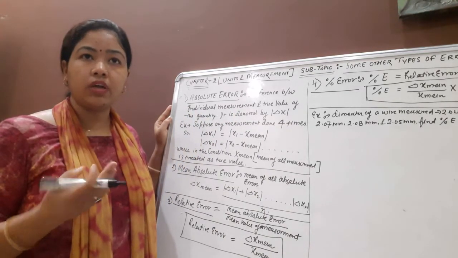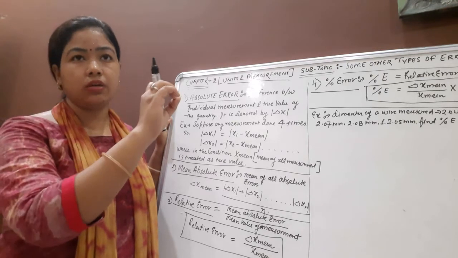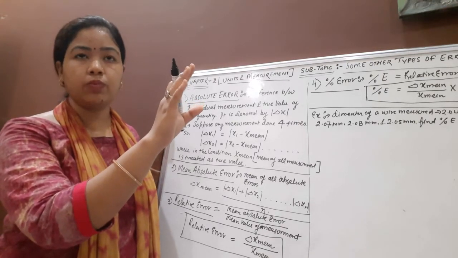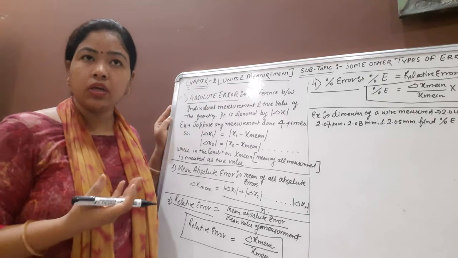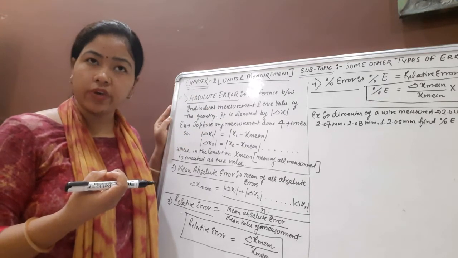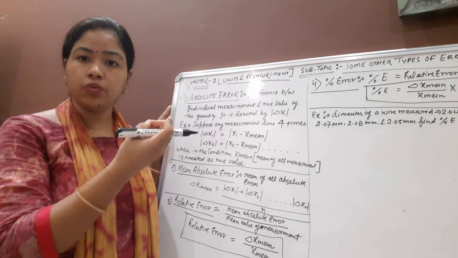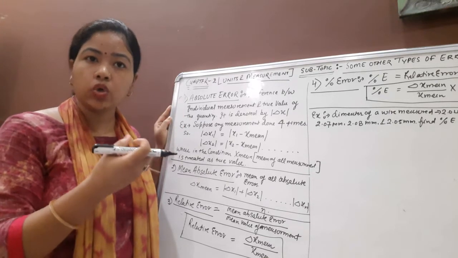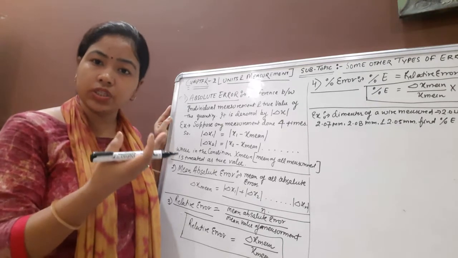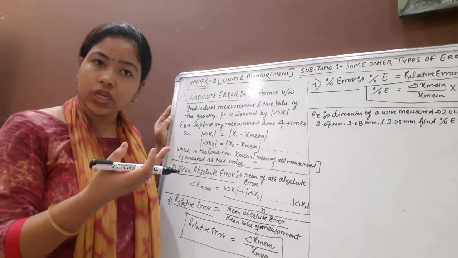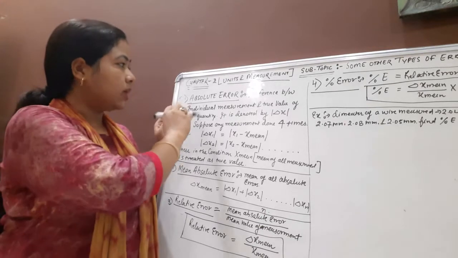Suppose the true value of a quantity is 2.4 centimeter, and when we did the measurement, we measured values like 2.1, 2.2, 2.3. Right? So when we take the difference of the true value and the measured value individually, we will get the absolute error.